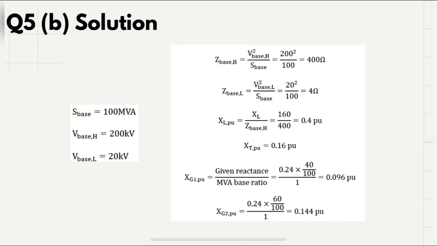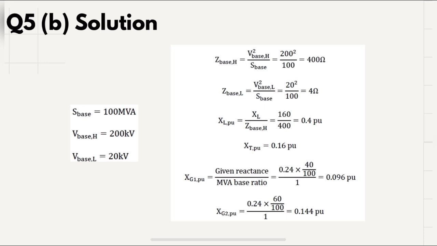And the solution is, for the base power, we will use 100 MVA, and the base voltage on the high voltage side is 200 kilovolts, and base voltage on the low voltage side is 20 kilovolts. And then for the base impedance on the high voltage side, we will use the formula and we will get 400 ohm.